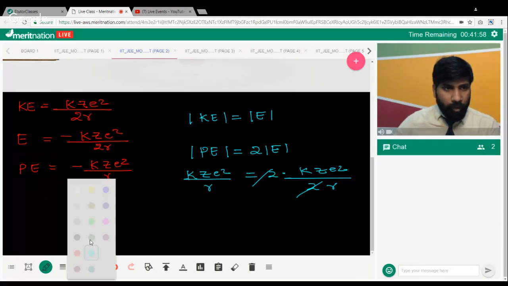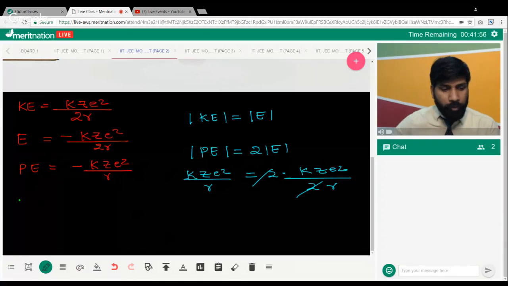One more thing I can show you. For hydrogen and hydrogen-like atoms, total energy is given by E equals minus 13.6 upon n² electron volts.